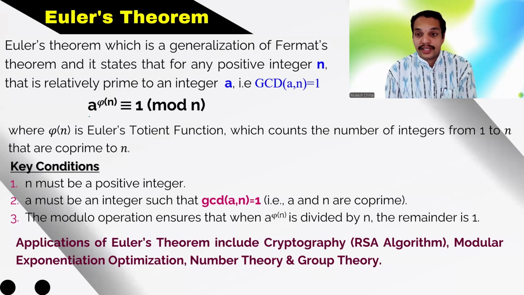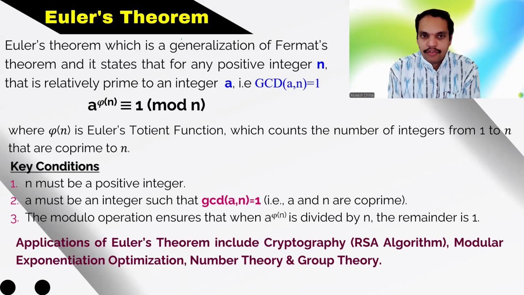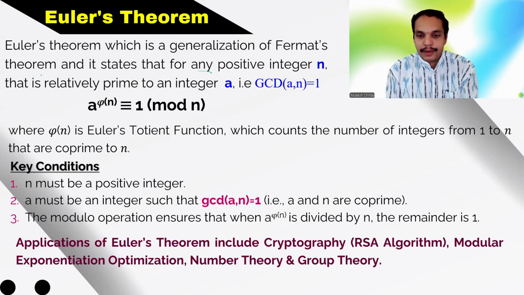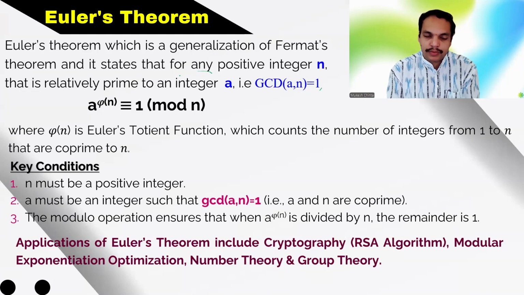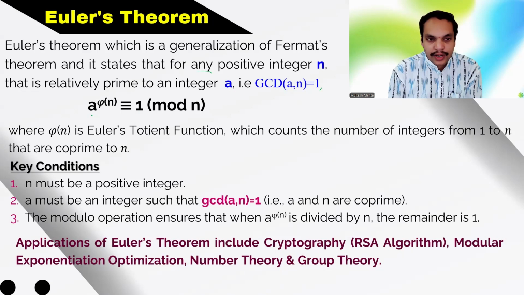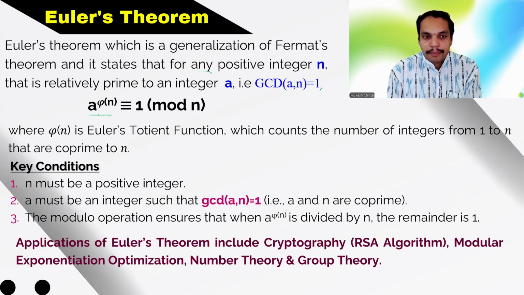Let us talk about Euler's theorem. Euler's theorem is a generalization of Fermat's theorem, and it states that for any positive integer n that is relatively prime to an integer a, that is, GCD of a and n is equal to 1, a to the power of psi of n is always congruent to 1 mod n.